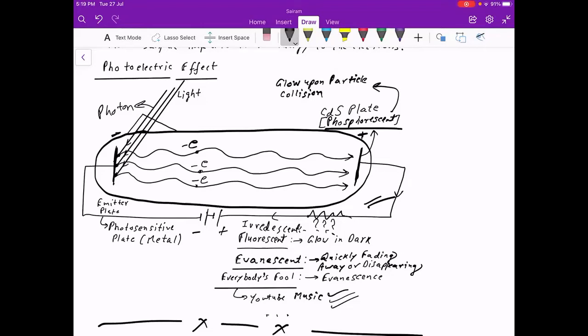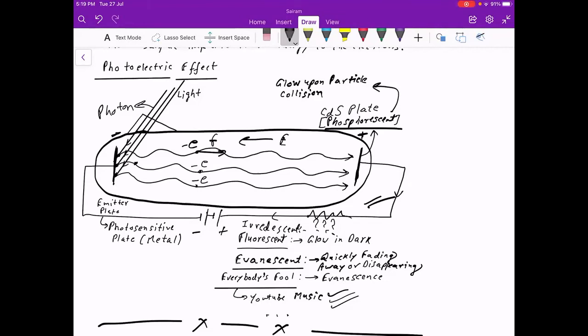Even if the electron just comes out, the positive plate will attract it because there is an electric field going in this direction from positive to negative plate. So the force on the electron is in this direction. Even if the electron is just able to come out, the field can also make it come out by field emission, but the field is not that strong. So it does help the electron to come out, but it's not really the field which is causing the main difference.